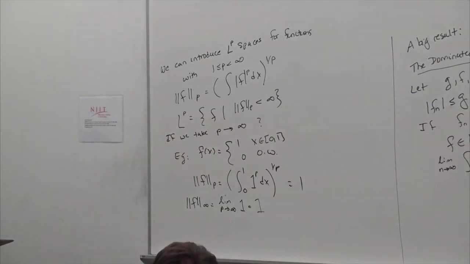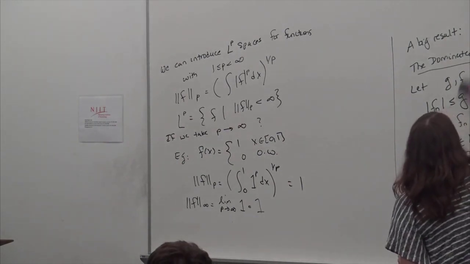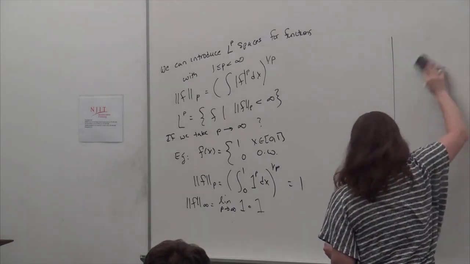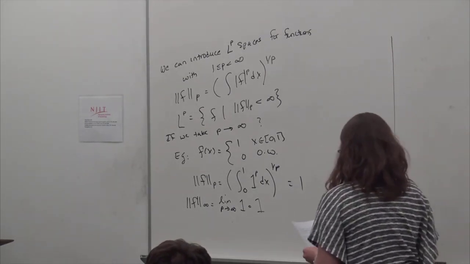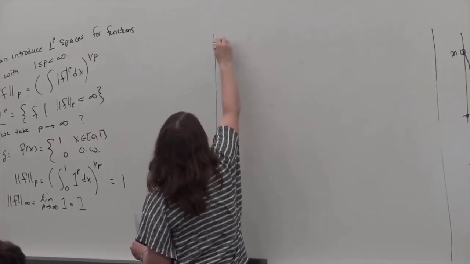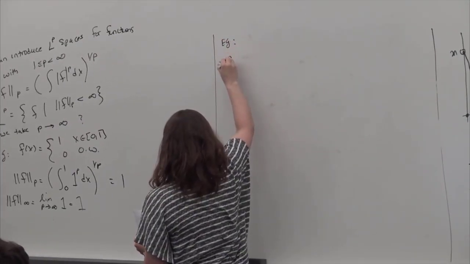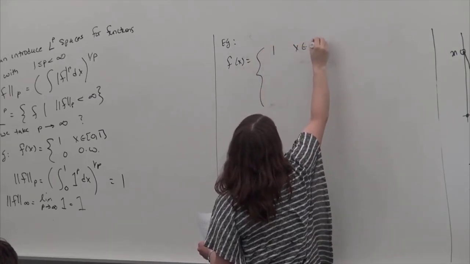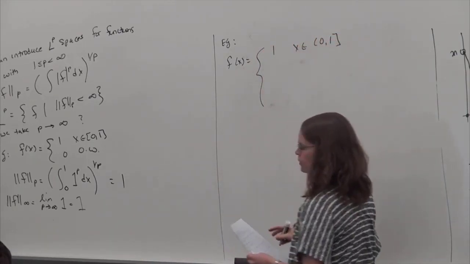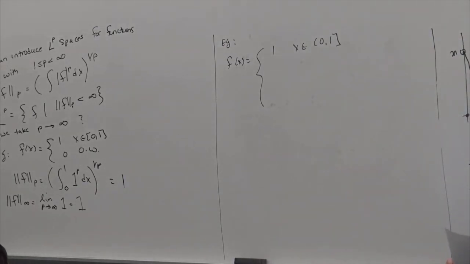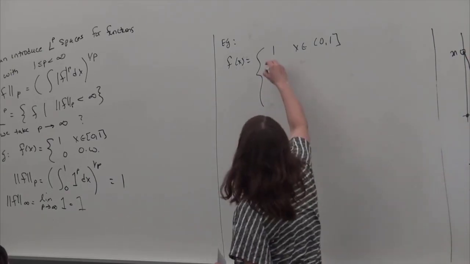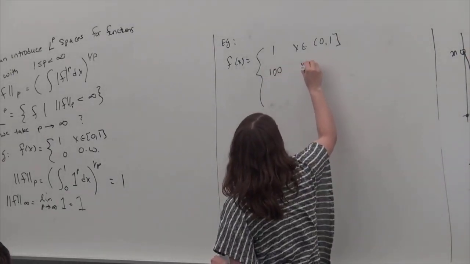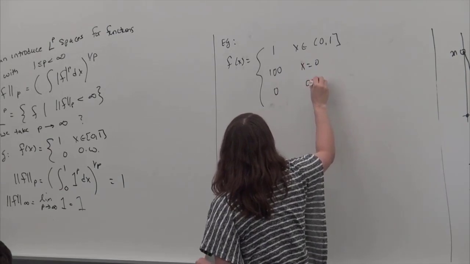So, not so exciting. So let me change this example a little bit. Almost the same. f of x equals 1 from 0 to 1. Let me leave off 0. I'm going to change the value at 0. I'm going to give it the value 100 at 0, and 0 everywhere else.